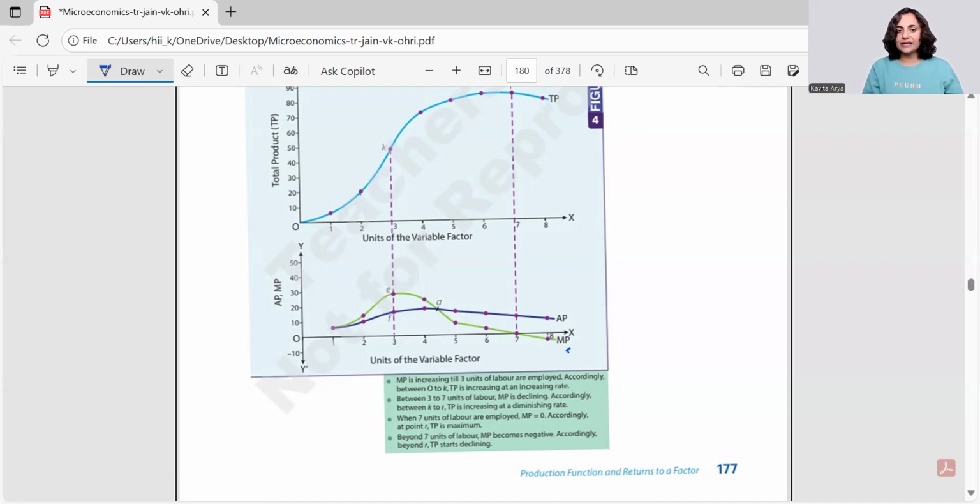But when we talk about the second stage, that's the most different, unique, and most often asked in the papers, that TP increases at a decreasing rate, means slowly, because every next person is contributing less and less, meaning MP keeps on falling and reaches 0, and AP is rising till it is intersected by MP and then starts falling. Right. So if this diagram is clear to you, you have the clarity for all types of subjective and objective questions which can be put up to you.